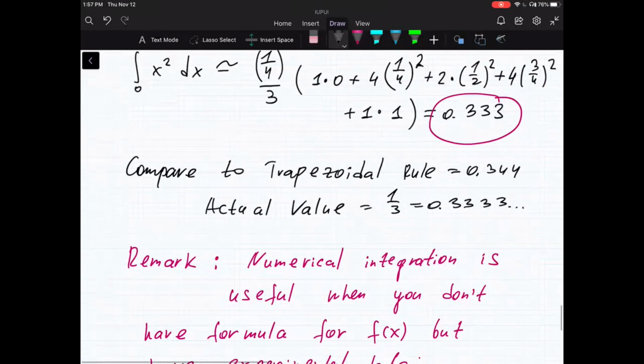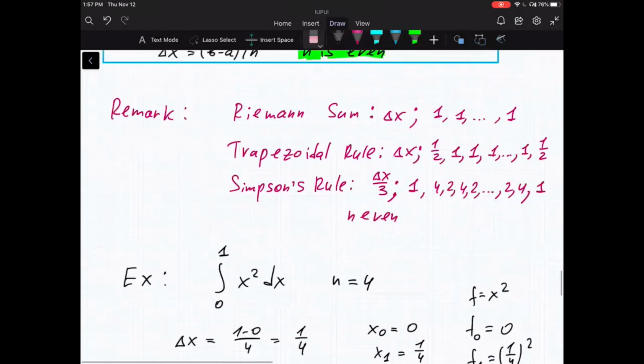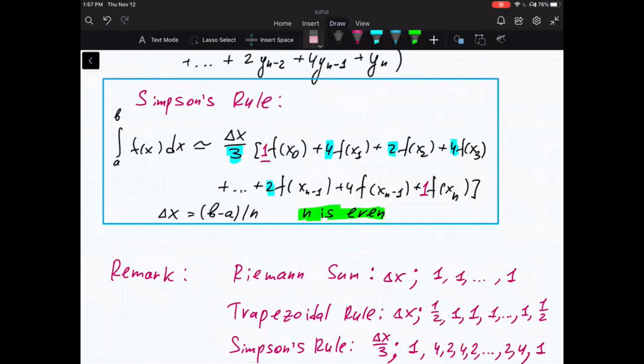Because indeed, if you look at Simpson's rule, you only need to know your delta x, the interval that you measure, and the value of your function at those specific points. And then you can find the corresponding area or integral.